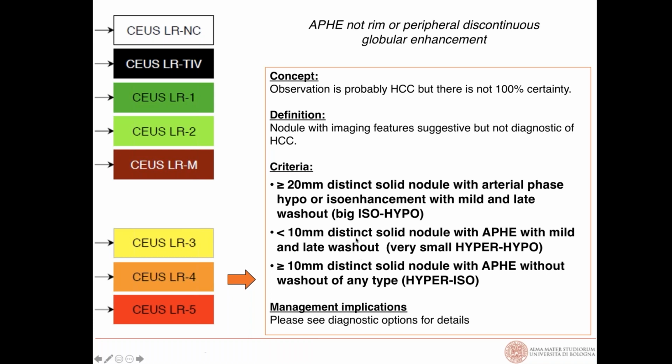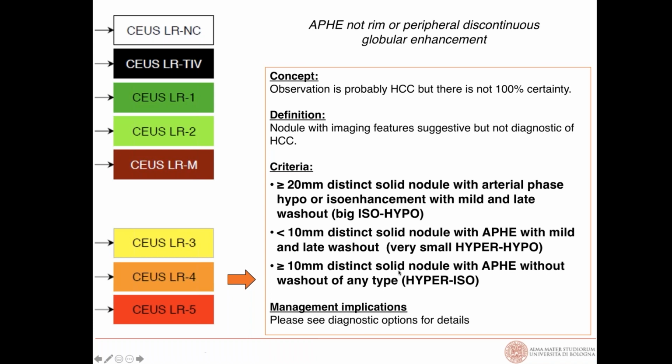Also, the typical pattern of hepatocellular carcinoma, which is arterial phase hyperenhancement, APHE, with mild and late washout, that we know is distinct for hepatocellular carcinoma, is however classified as highly probable but not definitive when they are very small, only a few millimeters, to avoid some fistulas or some derangements that might make a misdiagnosis.